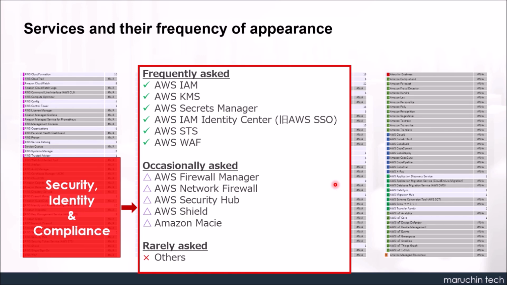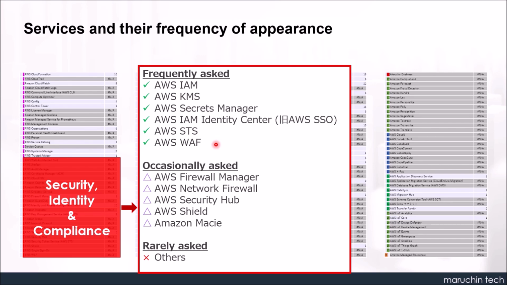While there are lots of services in the security, identity, and compliance category, the most frequently tested ones are IAM, KMS, and Secrets Manager. Also, IAM Identity Center and STS commonly appear in the exam related to managing permissions for external accounts.